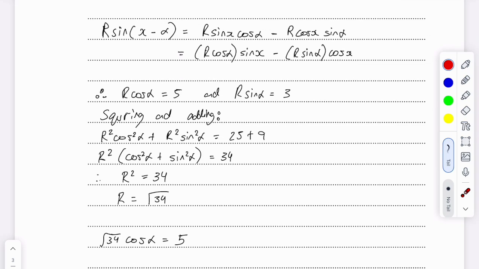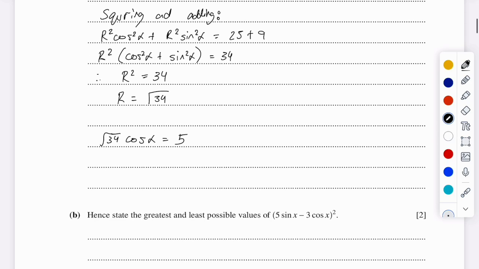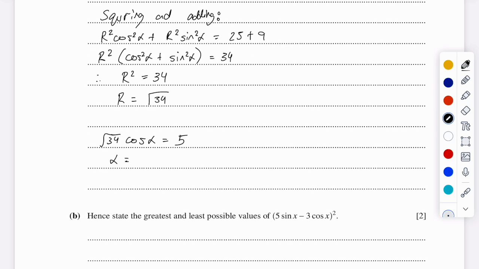I've said that because obviously r is root 34, which times cos alpha plugs into this equation. So alpha then is going to equal cos inverse of 5 over root 34. Okay, and if we work that out in radians, we therefore get 0.540. That's going to be the answer.